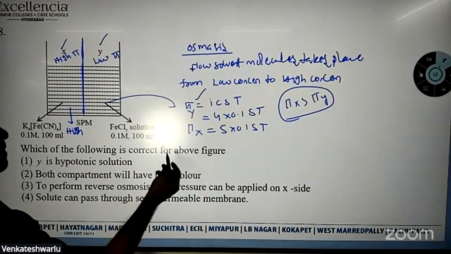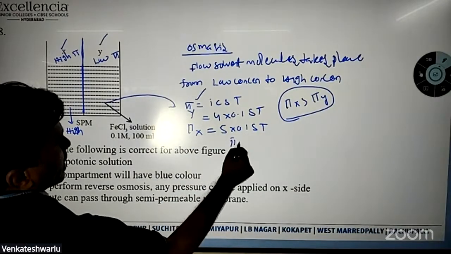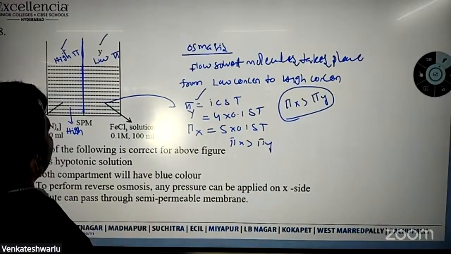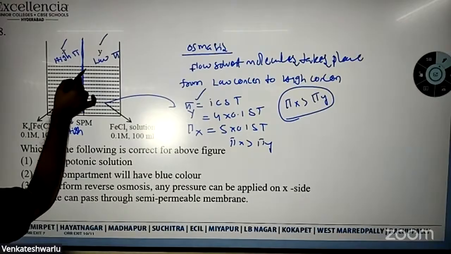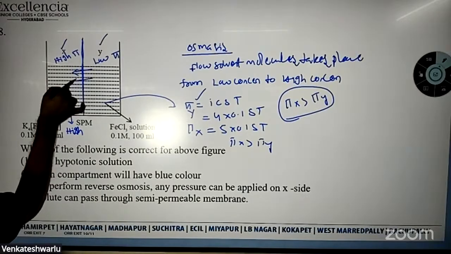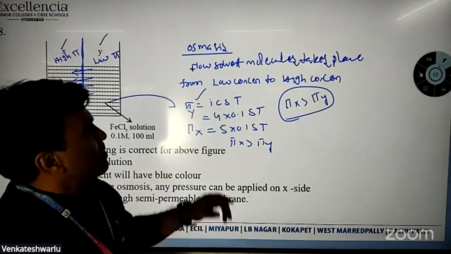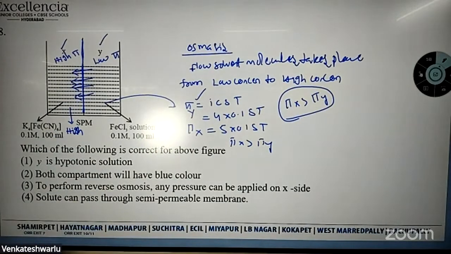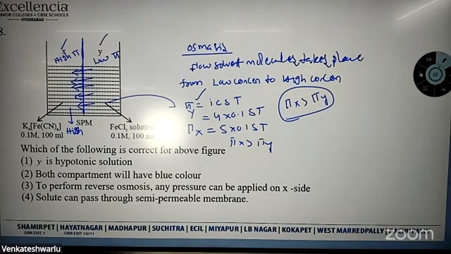Concentration is the same, but the pi value of X is greater than Y. So solvent molecules flow from low concentration to high concentration, until the pressure on both sides becomes equal.